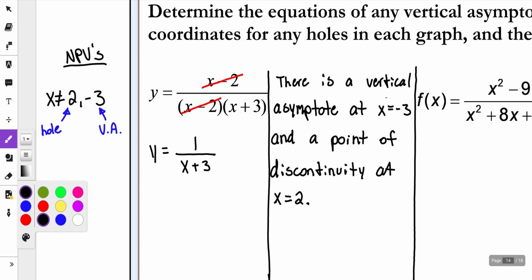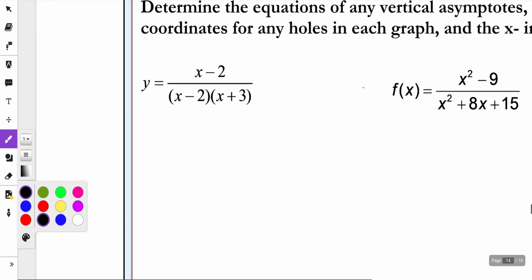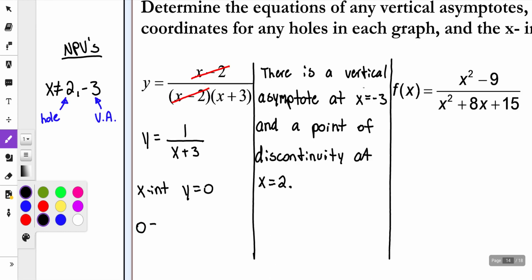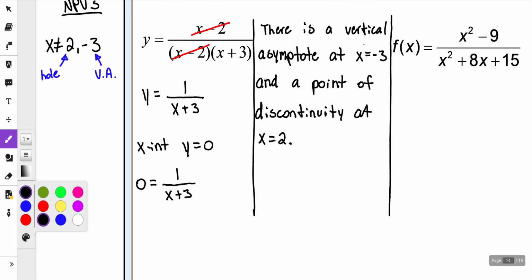Cool, this question did ask us to find the x-intercept. To find the x-intercept, we make y equals 0. So that means I have 0 equals 1 over x plus 3. I'm going to have to multiply this x plus 3 to the other side.